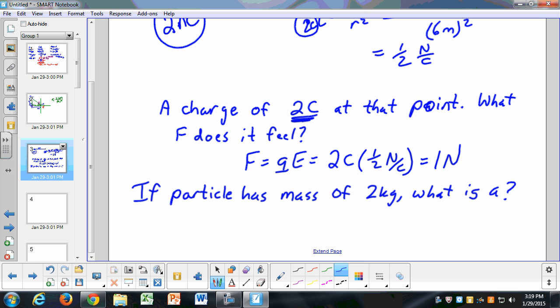That goes back to Newton's second law, F equals ma, or a equals F over m. So we have 1 Newton over 2 kilograms, which is 1/2 meter per second squared. And then from that, I could ask, what would be the velocity after 2 seconds? I have an acceleration of 1/2 meter per second squared.